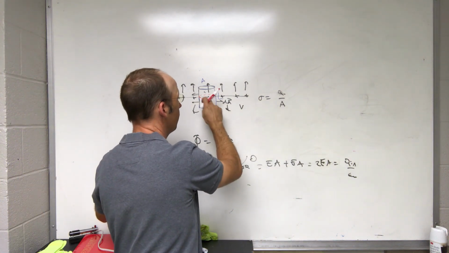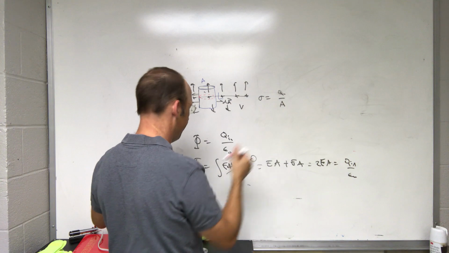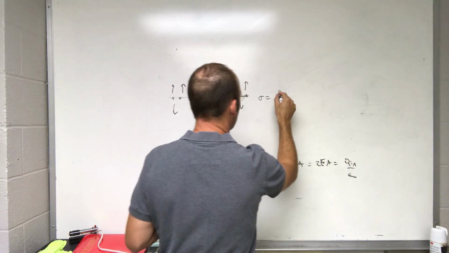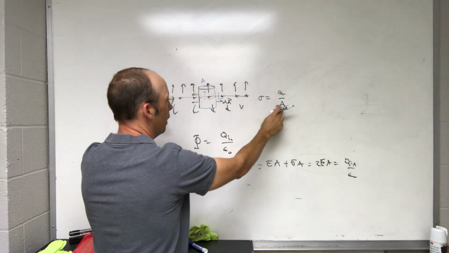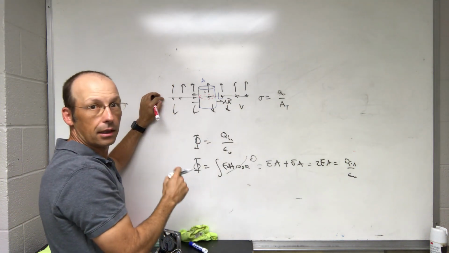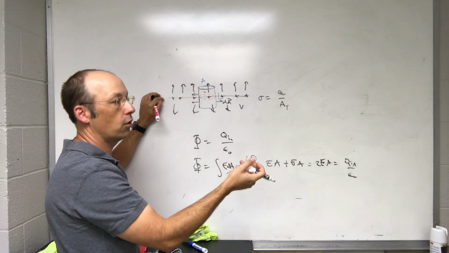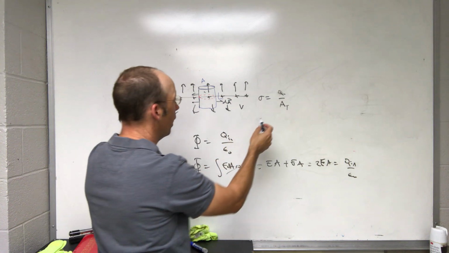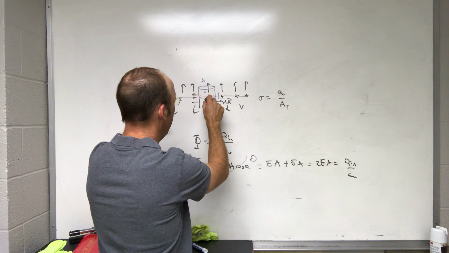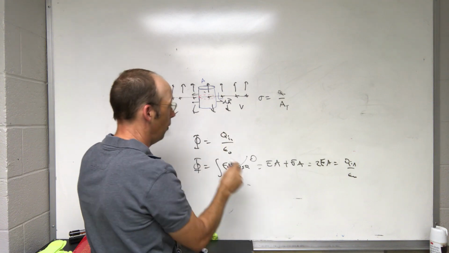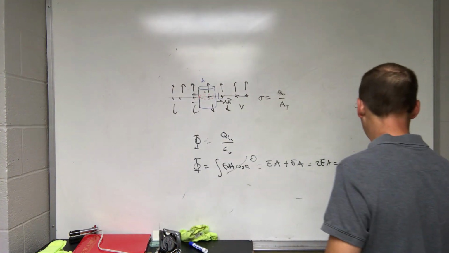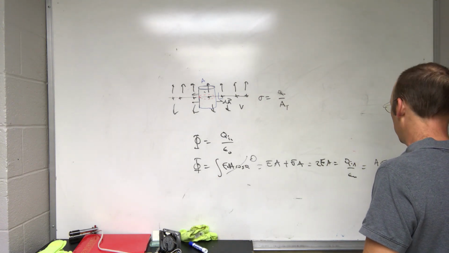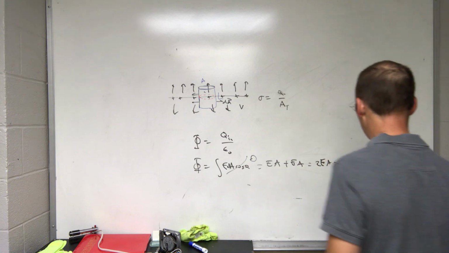So let's call that A_T, the total area of the sheet, and Q_T the total charge on the sheet. That'll give me the density in coulombs per square meter. So now, if I know this has an area A, the total charge inside is going to be equal to A times sigma, over epsilon naught.